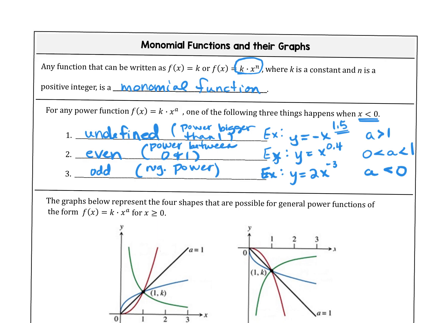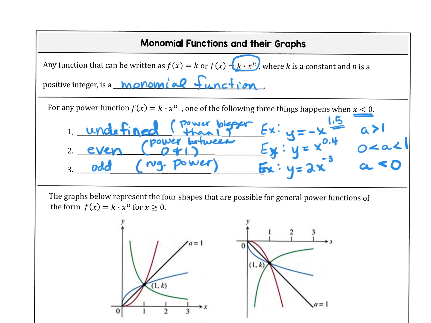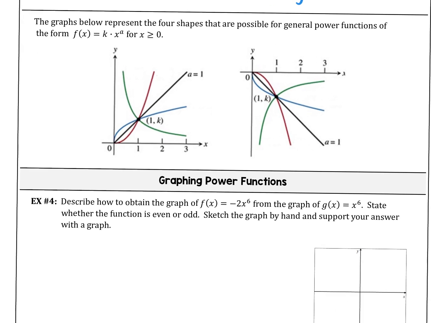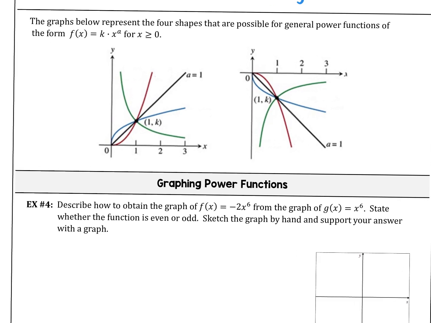So, let's look at these guys and see if we can figure out what's going on. We need to be able to identify which one of these is which. I've got three functions here. I've got the green one, the red one, and the blue one. Each one is one of those three that I just defined for you, used as my examples.